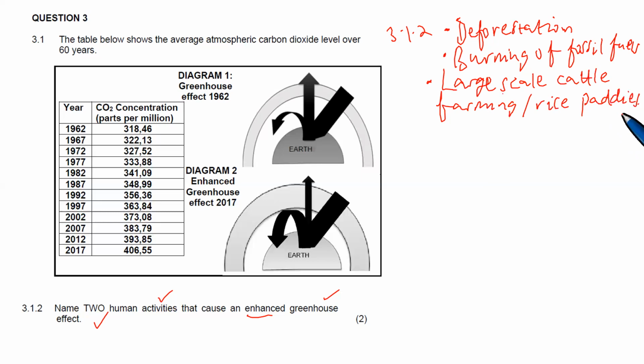Too many cattle finish all the grass. They consume much vegetation. And that also enhances the greenhouse effect.